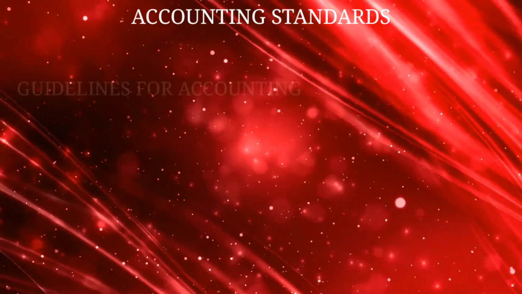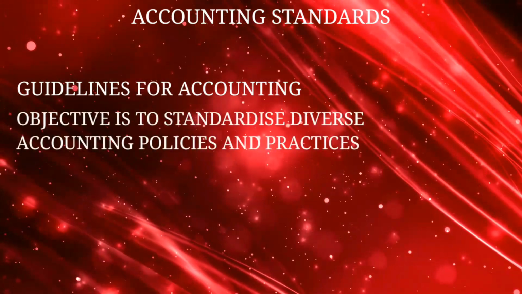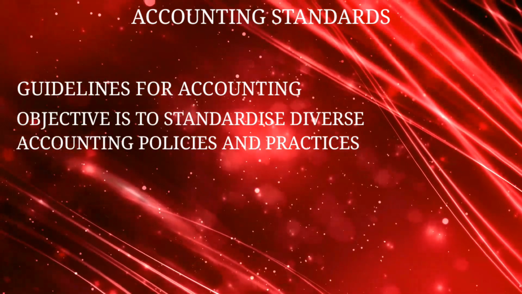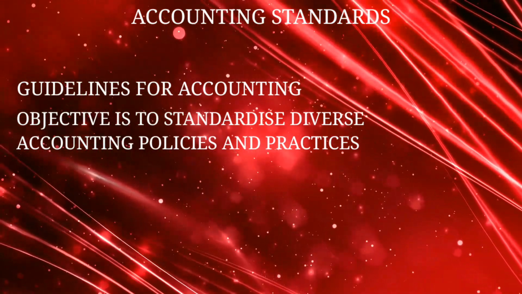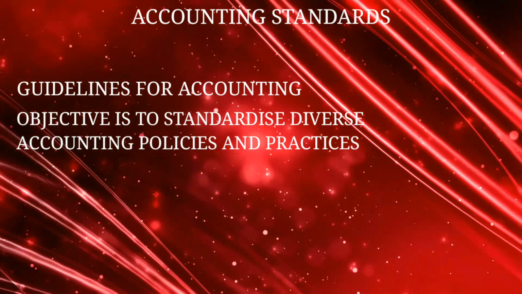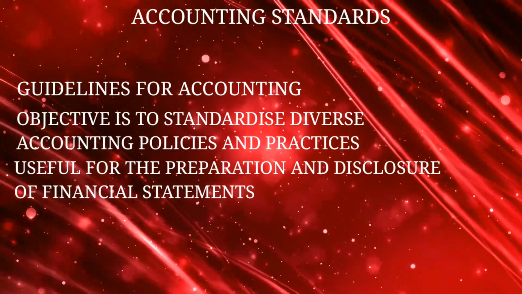So accounting standards are the guidelines for accounting. The main objective of accounting standards is to standardize the diverse accounting policies and practices. So this set of rules, or what we call accounting standards, are useful for the preparation and disclosure of financial statements.